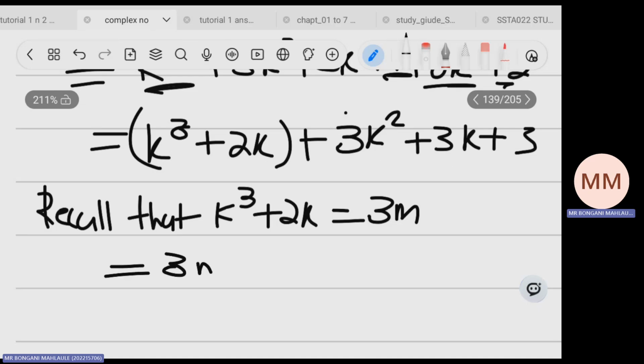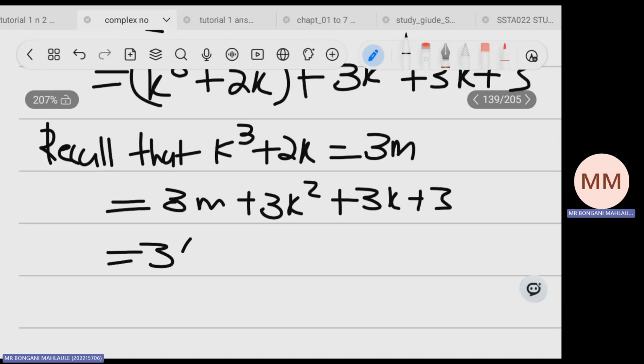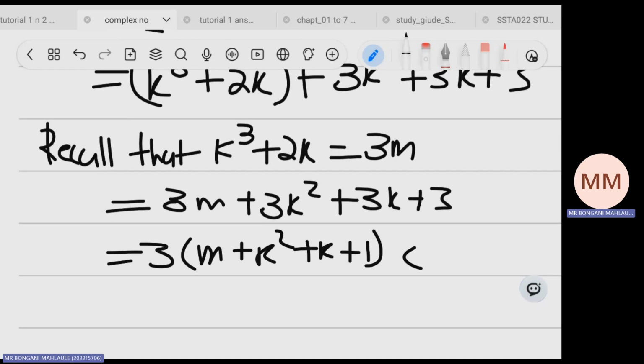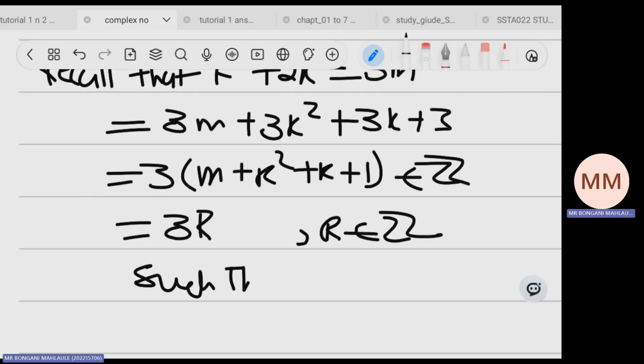So you will replace that with 3m. Then I can take out 3, and I have this remaining, an element of integers, then you'll have 3r. And I can say r is also an element of integers, such that r is equal to this.